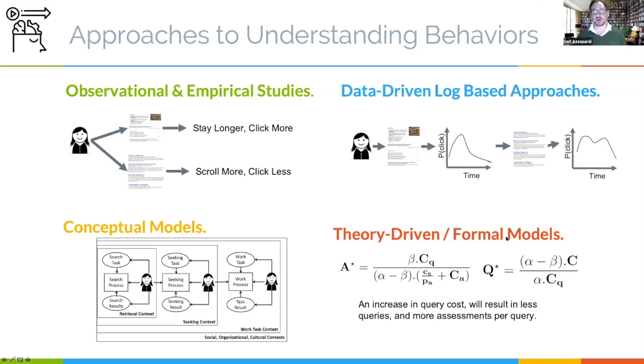And so this is where I've been looking at how we can use theory or mathematical models to make predictions about how people's behaviors will change given a change in the environment, like the cost of a query changing. So for instance, if the cost of a query increases, then this will result in people issuing fewer queries, but maybe compensating by examining more items per query.